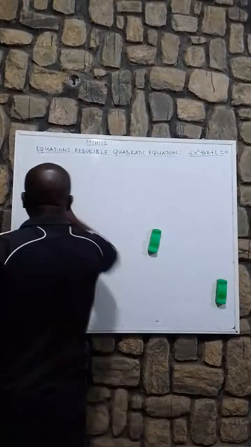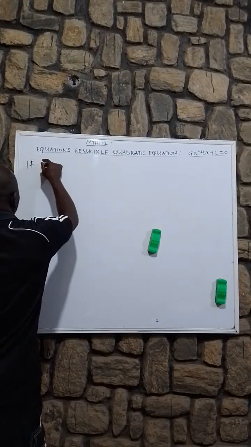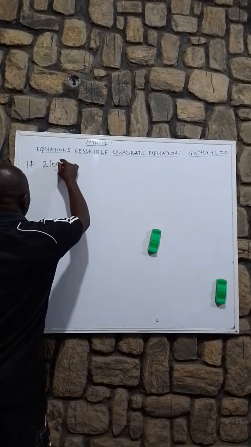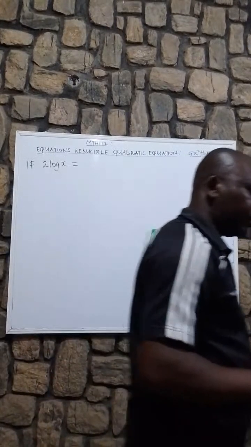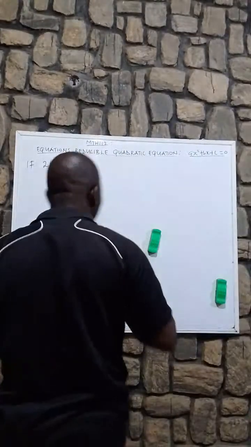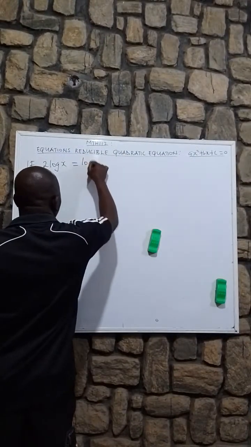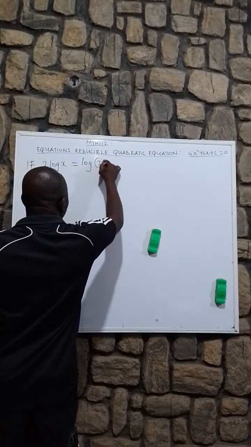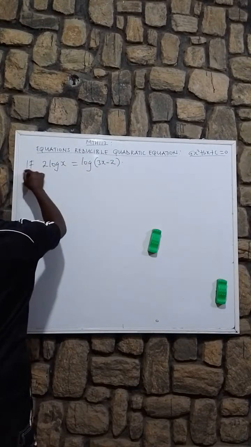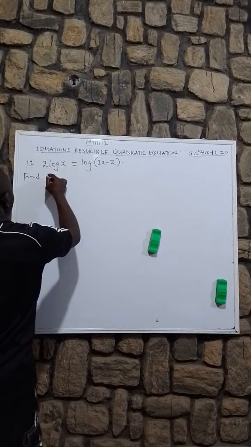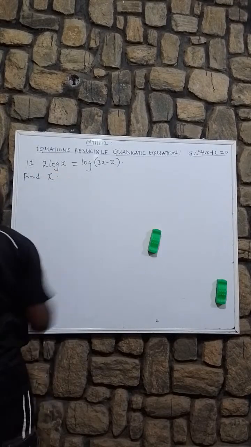If 2 log x is equal to log 3x minus 2, find x.